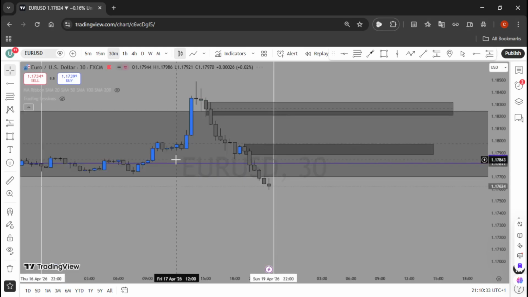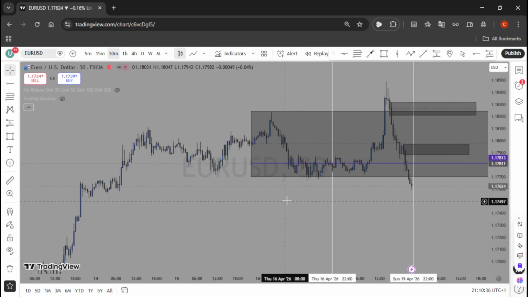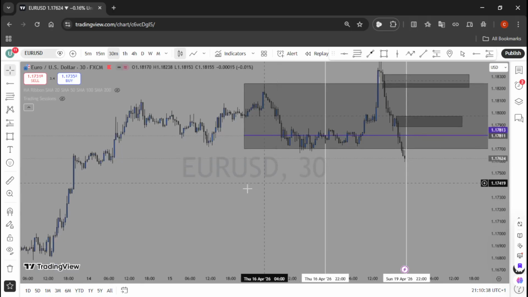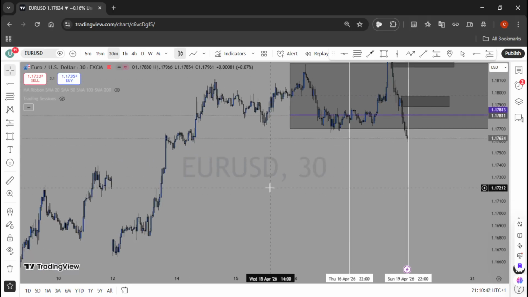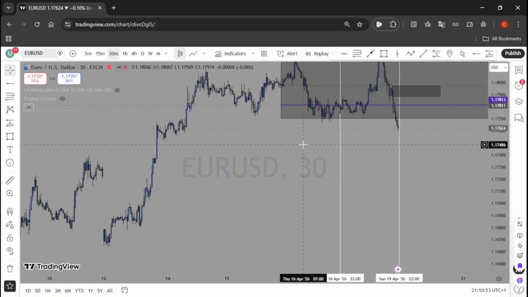This has happened on multiple occasions, and where is going to be my take profit area? Well, I'll be looking at the next structural low. Since this is coming from the daily and the weekly and the 4 hour correlates, I'll be looking at taking my profit at the nearest institutional low, which is here.